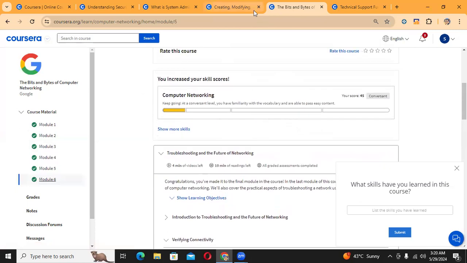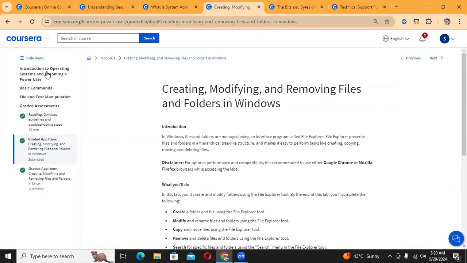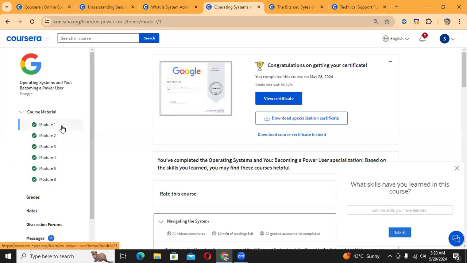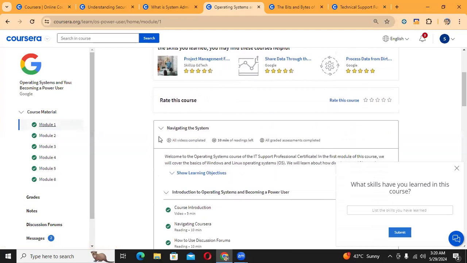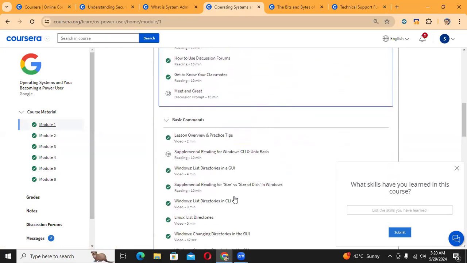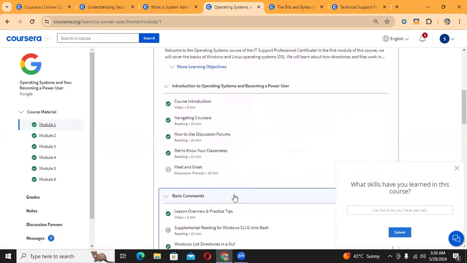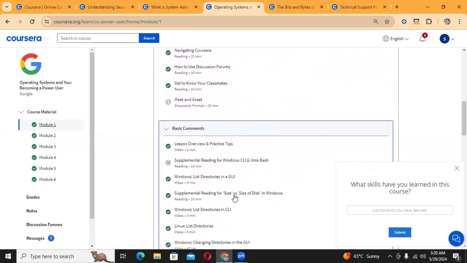So let's move on to the third course. From the first module of the third course, we have navigating the system, the introduction to this course and basics of navigation of different operating systems.